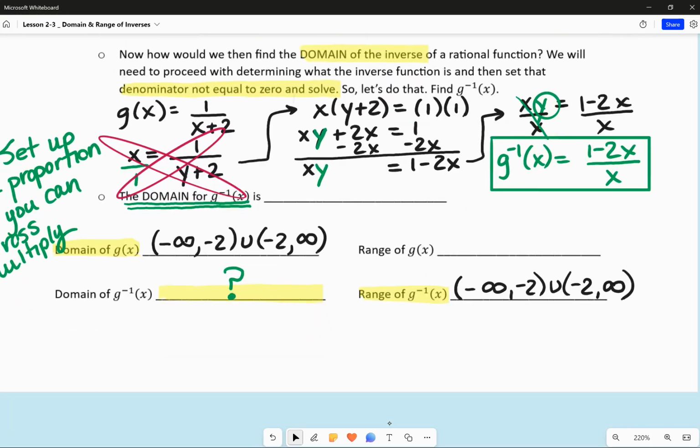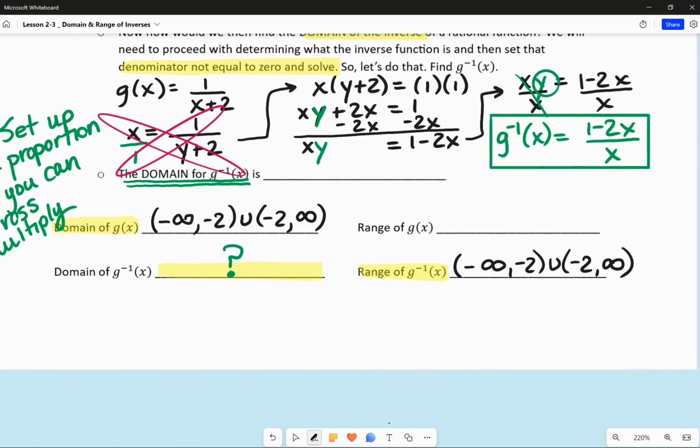So in this box of 1 minus 2x over x, I'm going to set my denominator not equal to 0. It's pretty easy to solve this one, because if I take what's in the denominator and set it not equal to 0, I'm done. There's nothing to solve. x is already alone. So all numbers except for 0 are allowed. The domain for g inverse is all real numbers except for 0.